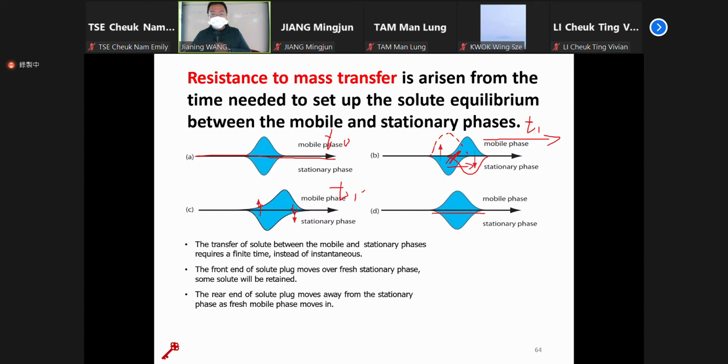If there's no time delay, the band should be very sharp, like at time 0.